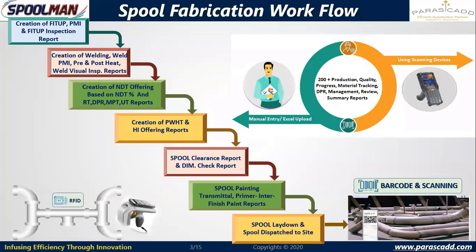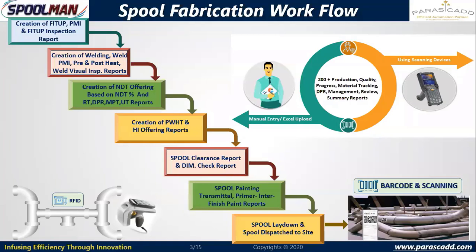Against these, interlinks will be managed through the NDT plan. Then it goes for NDT, where we go for offering of RT, UT, DPT, MPT as per requirement, ensuring the percentage of NDT coverage, whether it is 10% RT or 20% RT. This is again managed through the masters, through the NDT plan, which will be uploaded into the system so that there is no miss.